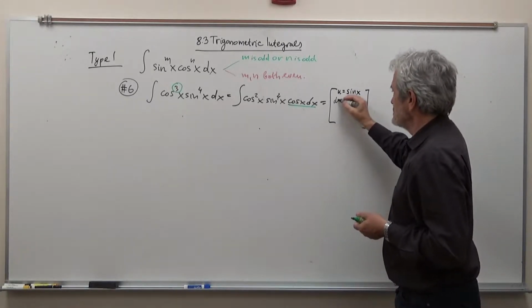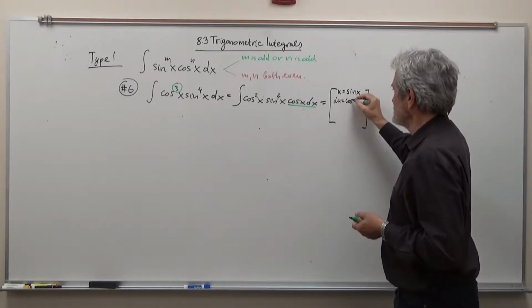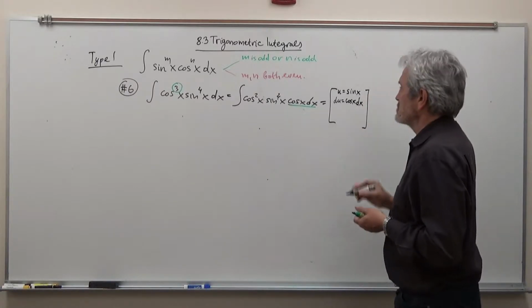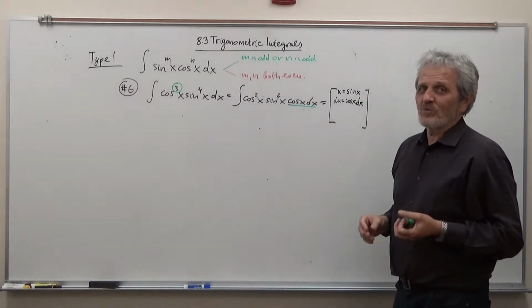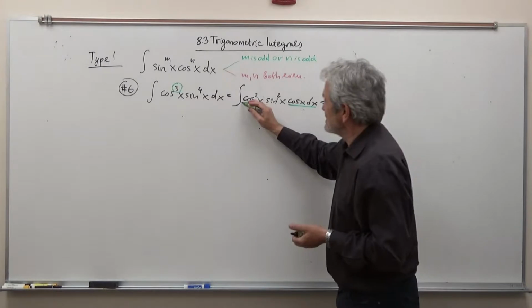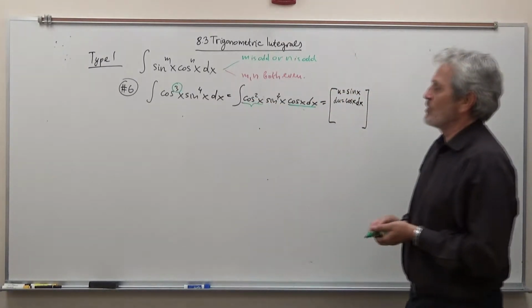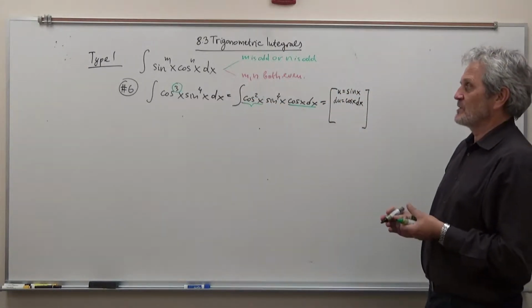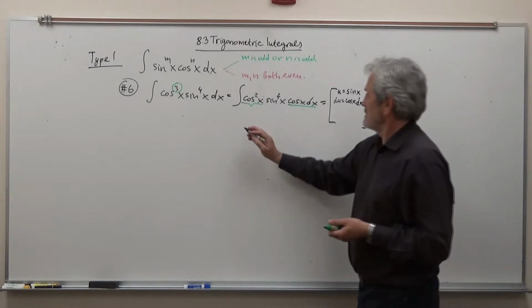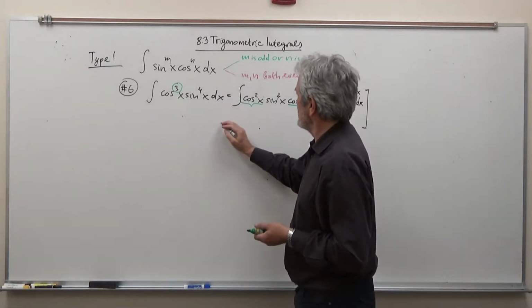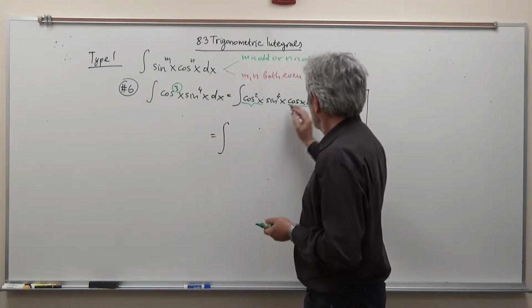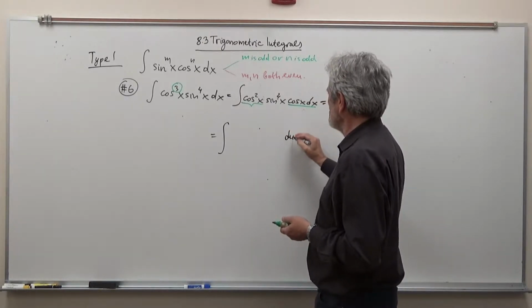Why? Because du is cosine x dx. And you can say, but I can do that from even one. Yes, but what's good here is that this leftover has even a power. Let me show you an extra step, it will make more sense. So cosine x dx will be du.